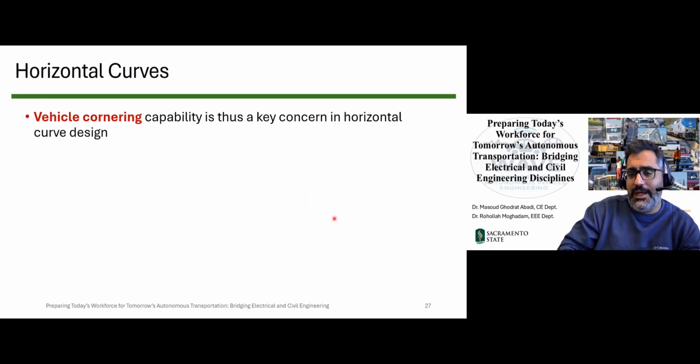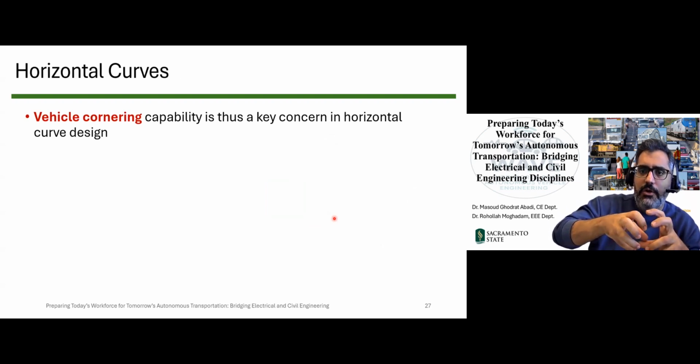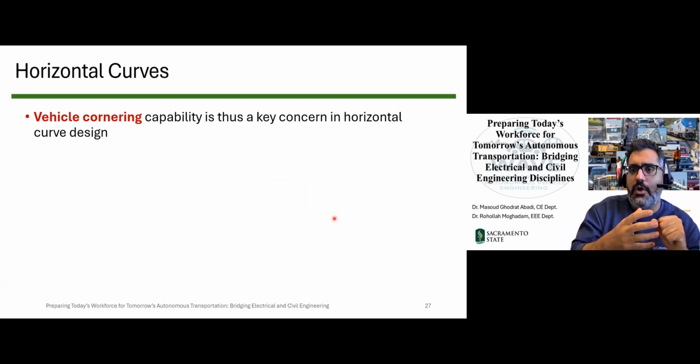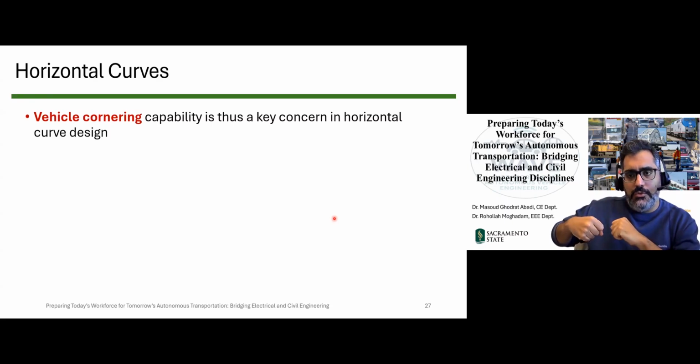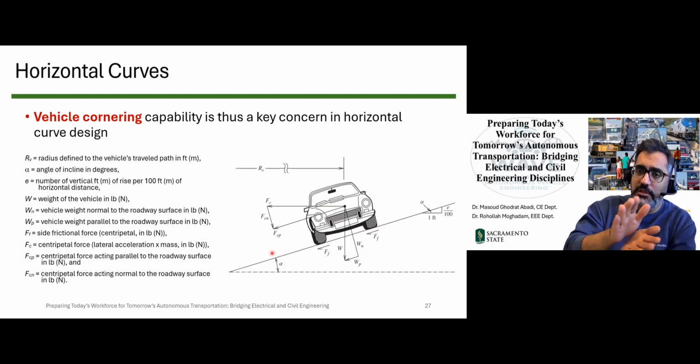When we talk about that, the most important thing to consider is vehicle cornering. So as you are driving on a horizontal curve, the centripetal force is applied to your car and it wants to throw you out of the roadway, right? That is why we make the roadways elevated. This is something that we call superelevation.